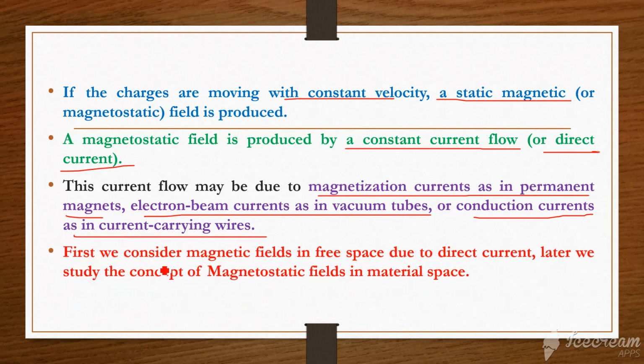First we consider the magnetic field in free space due to direct current. Later we will study the magnetostatic field with respect to material space.